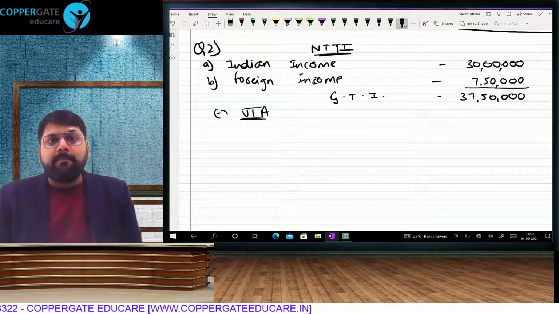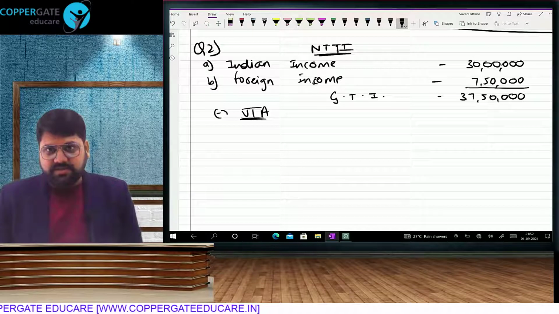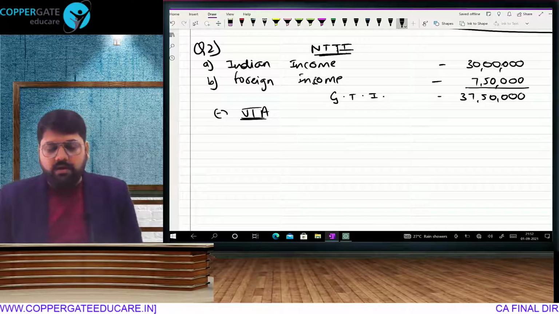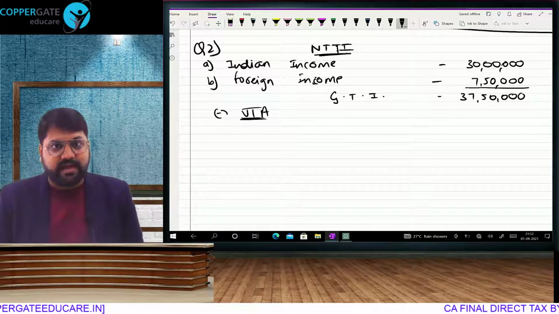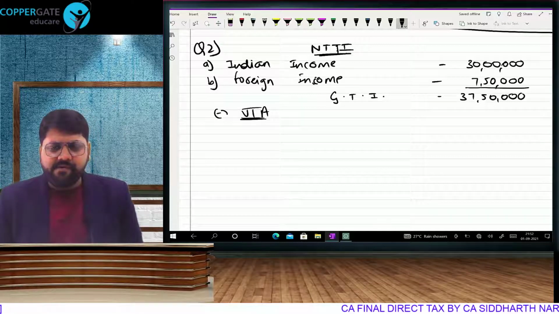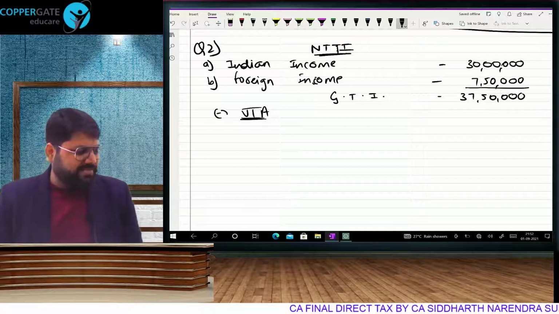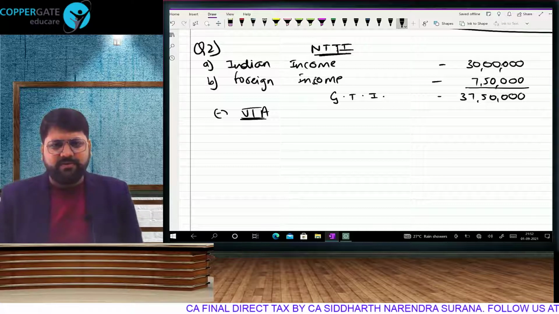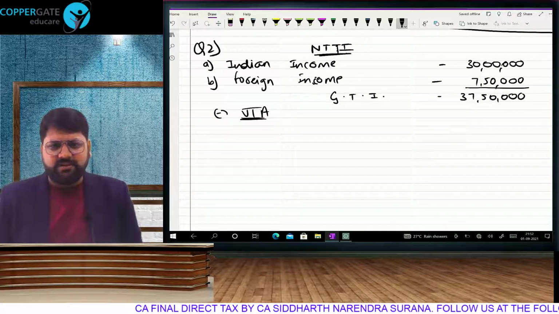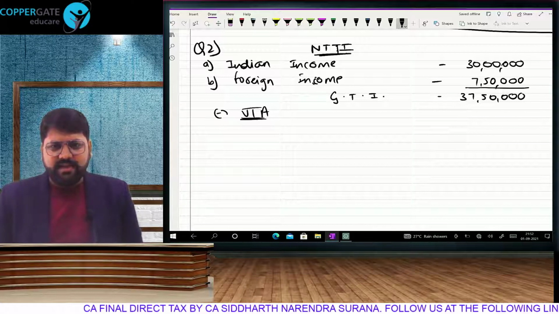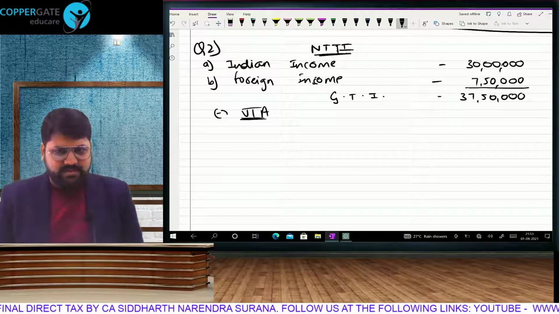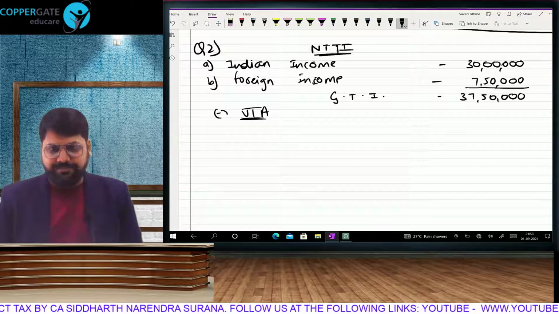A small piece of bad news for some extra smart, over-intelligent students of the class. You are doing a chapter called DTAA, which is a part of international tax. In fact, 100 marks and 30 marks, both subjects. Correct, no? Some are like, sir, once you finish volume 1 and volume 2, thereafter when you do the intermediate portion, clubbing, set off, deductions, they are an insult to my talent and caliber, and attending those chapters is a waste of my time and my sleep.